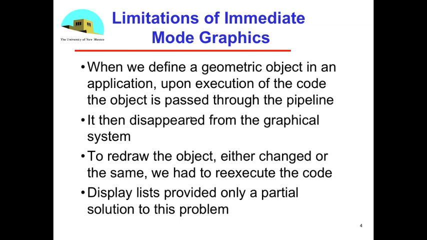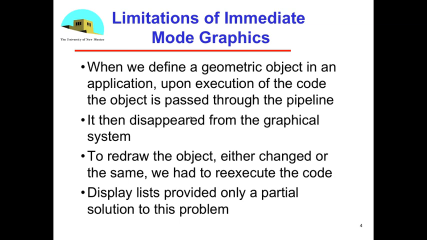Now, one solution to that came up very early in graphics, which was the display processor. The display processor allowed us to offload this repetitive redisplay on originally very slow, expensive computers to a special device that had memory that stored display files, or what became known as display lists, which described what you wanted to display. In OpenGL and other systems, that provided a partial solution to the problem.